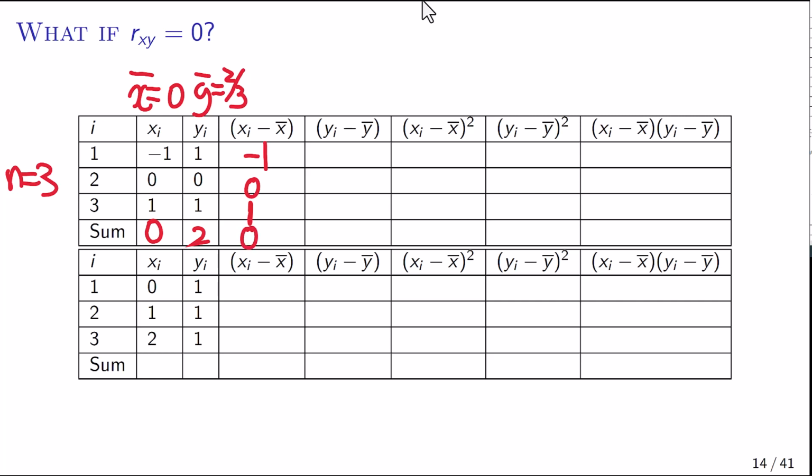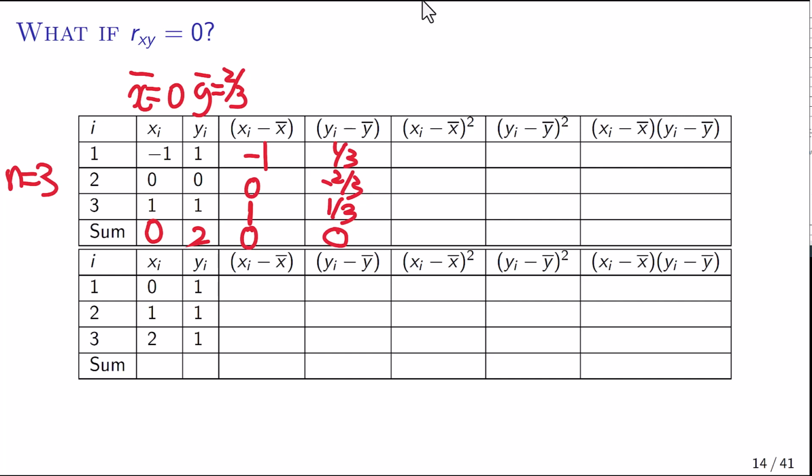And then for y, yi minus y bar: 1 minus 2/3 is 1/3, 0 minus 2/3 is -2/3, and 1 minus 2/3 is 1/3. And then you add up to 0. Okay. Now think about the product term.